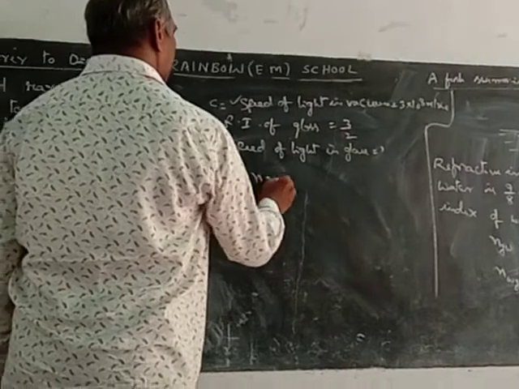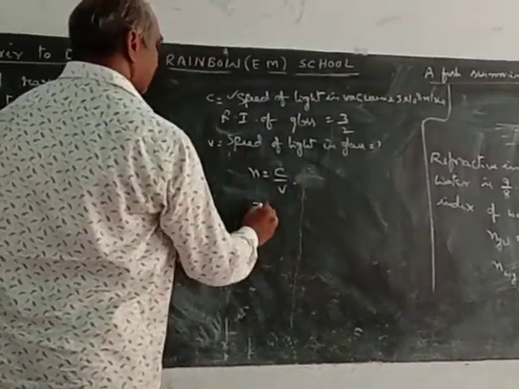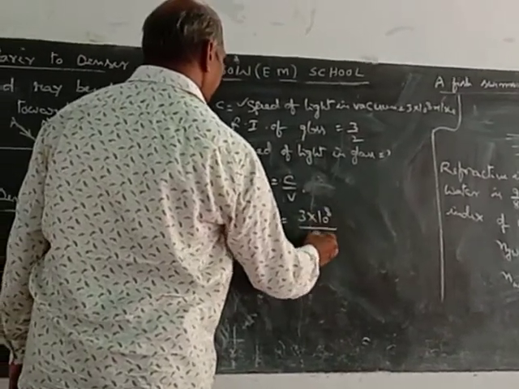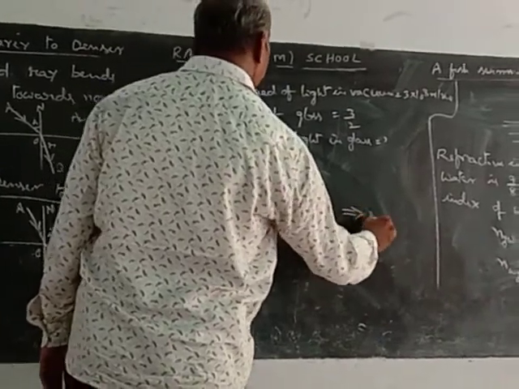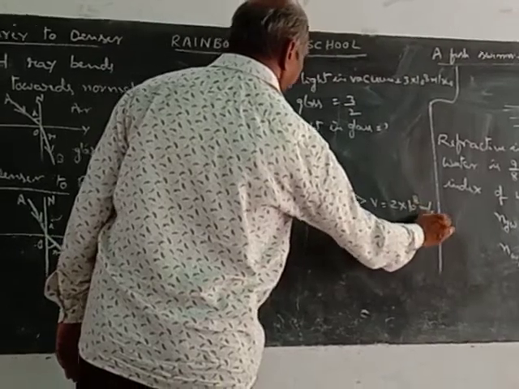So n is equal to C by V is the formula. n value is 3 by 2, C is 3 into 10 power 8, by V. Here the 3 cancels, you can cross multiply. V is equal to 2 into 10 power 8 meters per second.